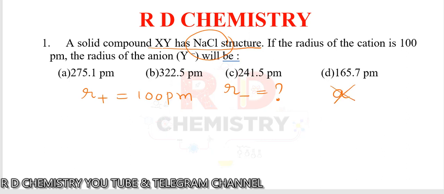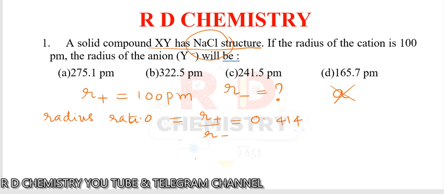In such cases, we'll go for the radius ratio. What is this radius ratio? Radius ratio is the radius of the cation to the radius of the anion. And for sodium chloride, it is equal to 0.414. Okay.